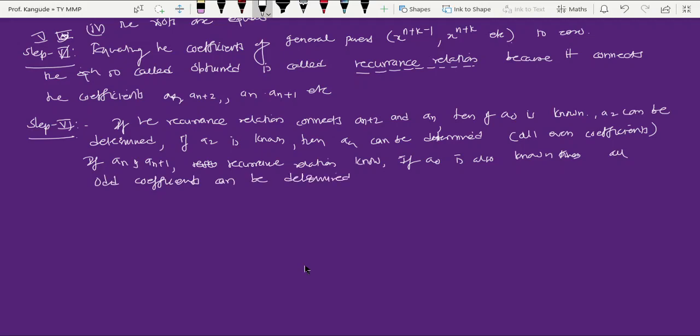In the power series, a0 is known, so a1, a3, a5, a7, etc. can be calculated. Similarly, with the first recurrence relation between an plus 2 and an, if a0 is known, I can calculate a2, a4, a6, a8, etc. Using these odd and even coefficients in my power series, I can get a power series which is going to be the solution of the given differential equation. So this is step number 6. Now step number 7.